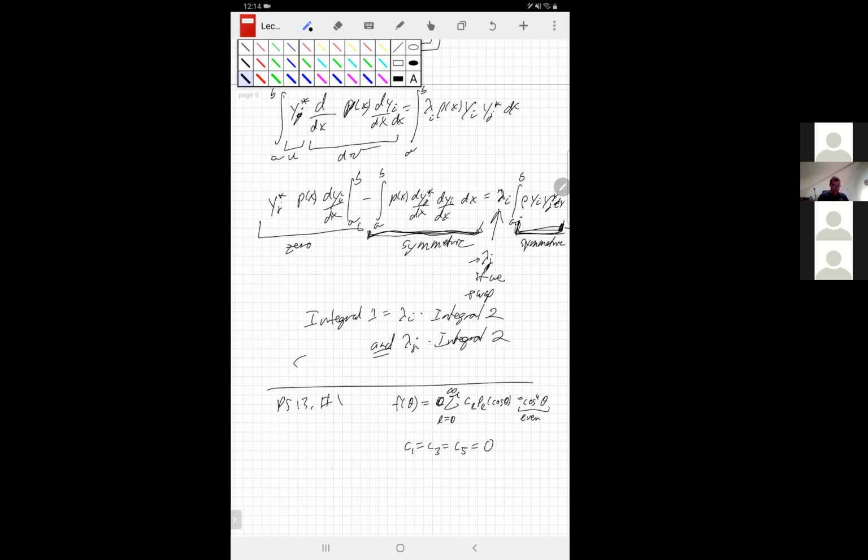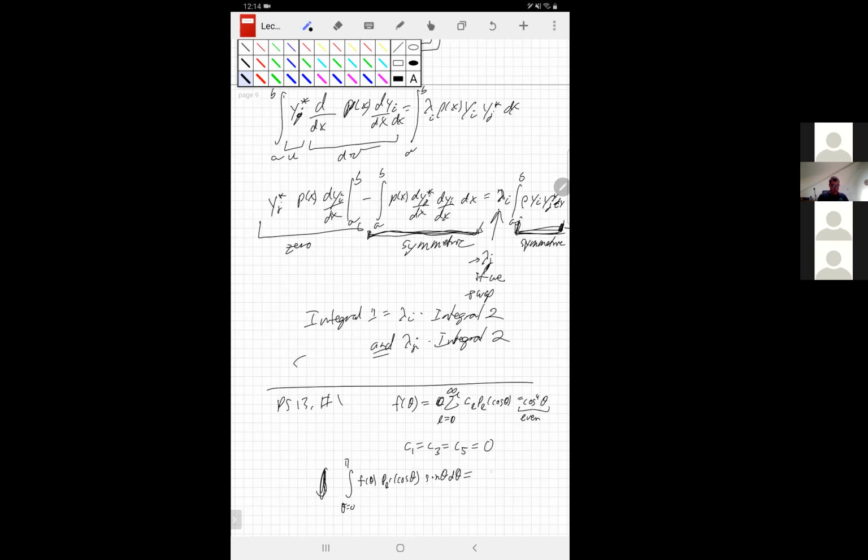Then for the other ones, I multiply everything by P_L prime and take the integral from theta equals 0 to pi of f of theta, P_L prime of cosine theta, sine theta, d theta.